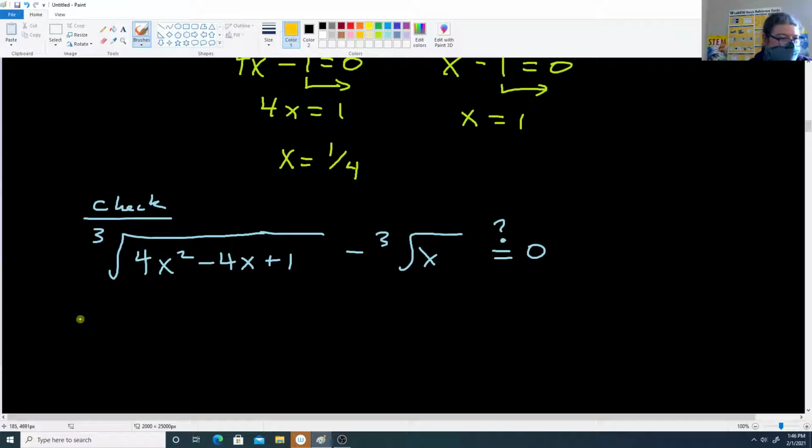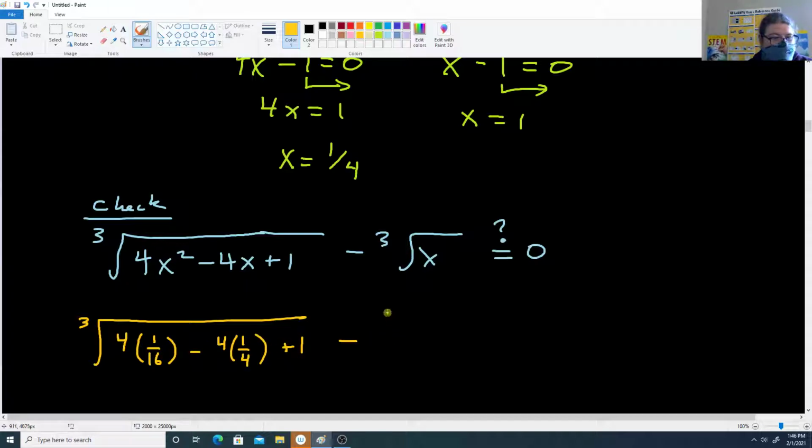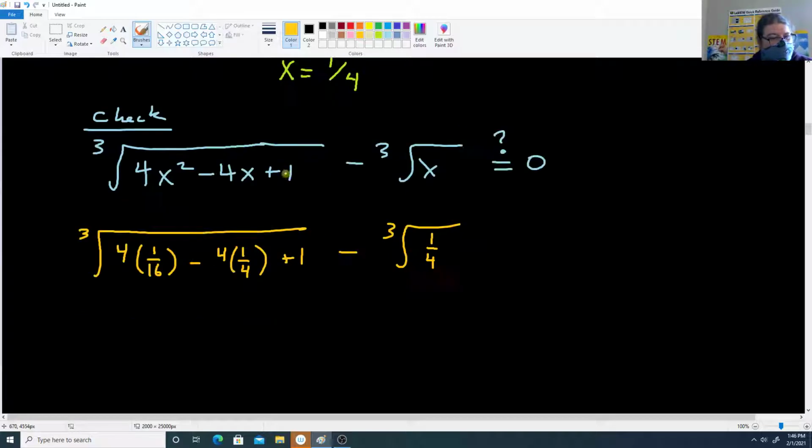We would get the cube root of 4 times a fourth squared, which is a 16th, minus 4 times a fourth, plus 1, minus the cube root of a fourth. This would be the cube root of 4/16. A fourth of 4 is 1.